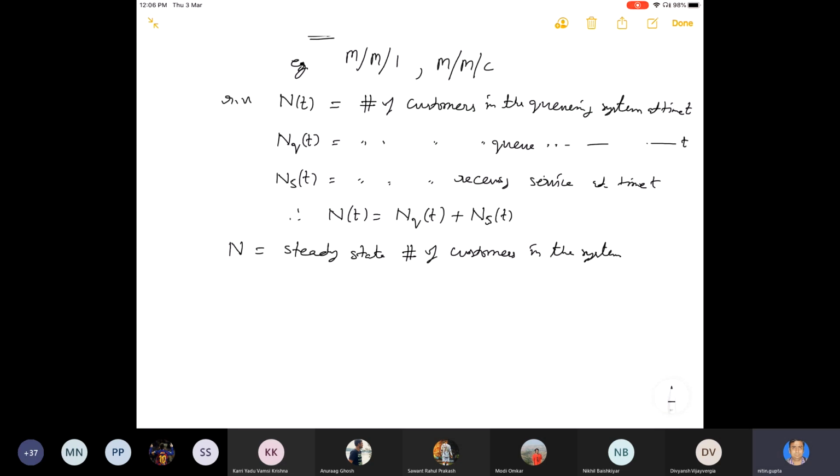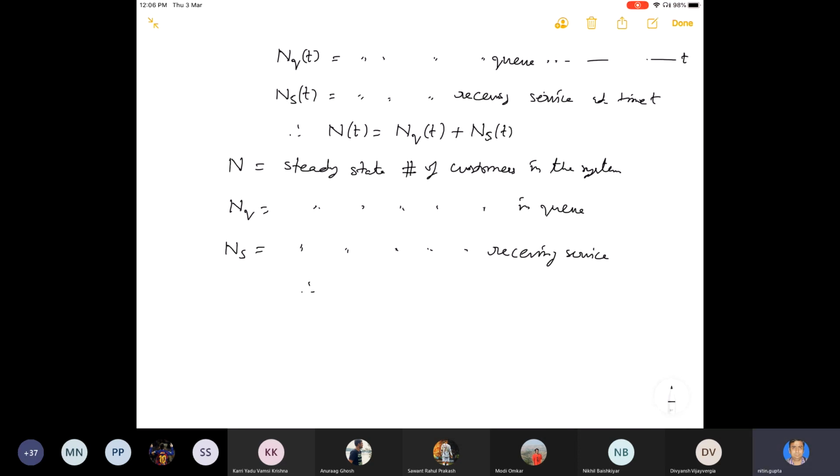NQ is the steady state number of customers in queue. NS is the steady state number of customers receiving service in the queuing system. So clearly the number of customers in the system is the same as the number of customers in queue plus the number of customers receiving service.